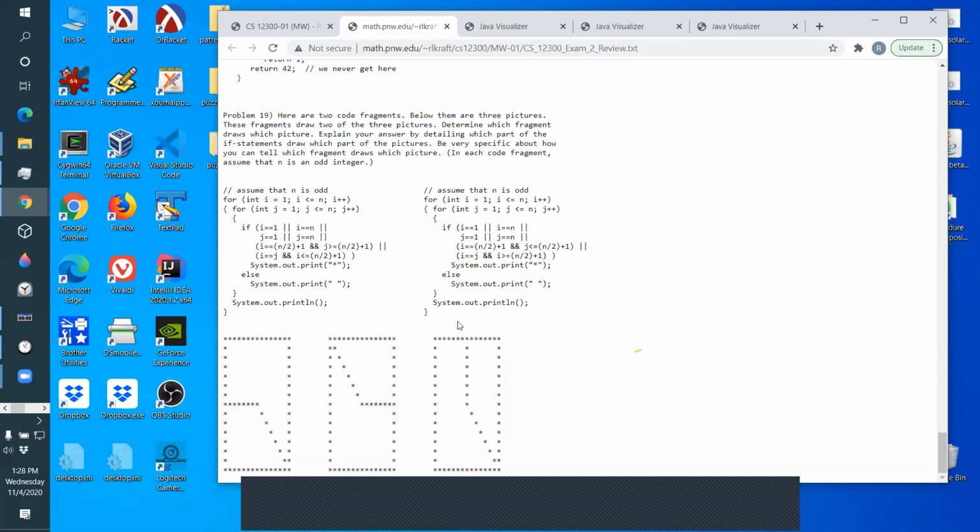Let's see how fast we can figure out which one it is. What does that do? It's the diagonal. And this part here, well, actually, if you look, it's not the same as this one.